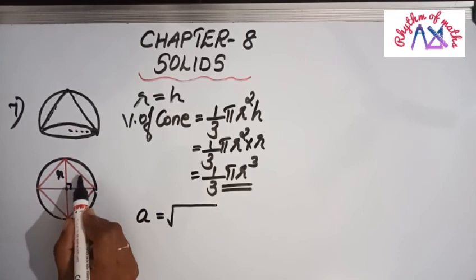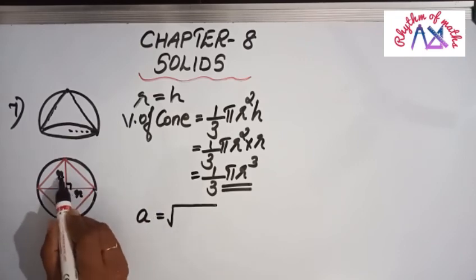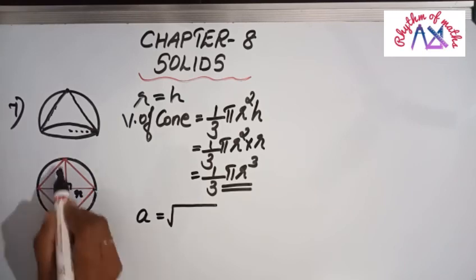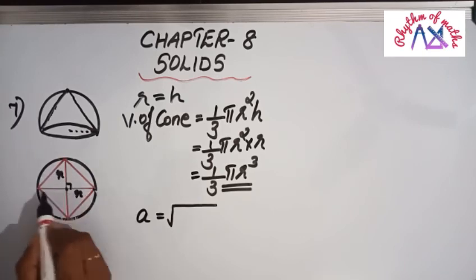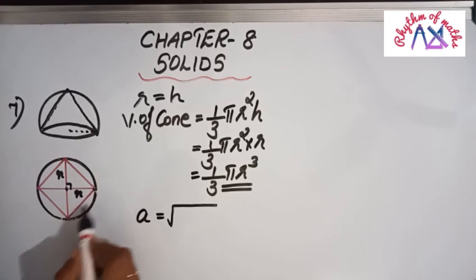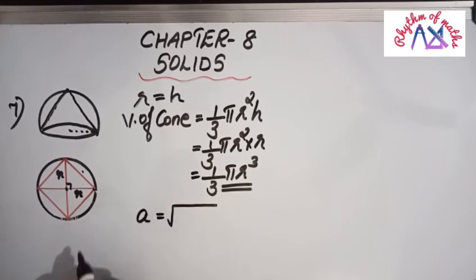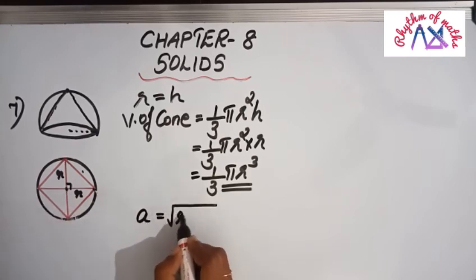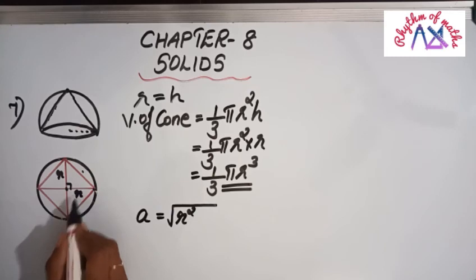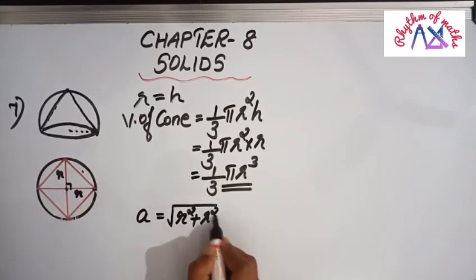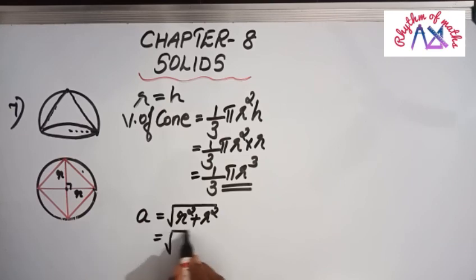Hypotenuse square equal to base square plus altitude square. Okay, because these two are diameters. Okay, perpendicular diameters. Because it is a square, we know diagonals are perpendicular bisectors. So in order to find this portion, a equal to root of base is what? R square, because it is radius, plus altitude also R. So R square plus R square, that is root of 2 R square.